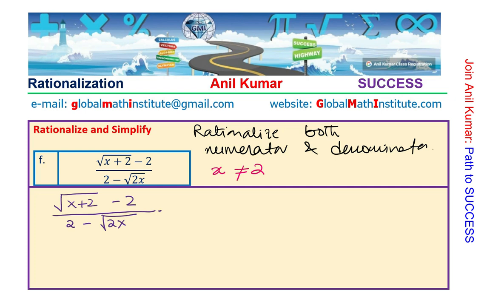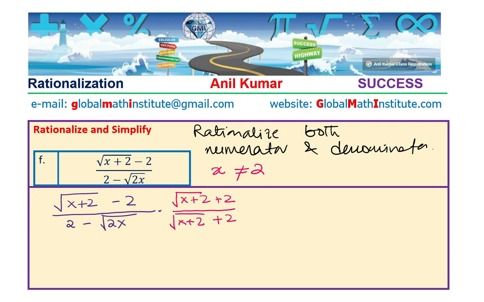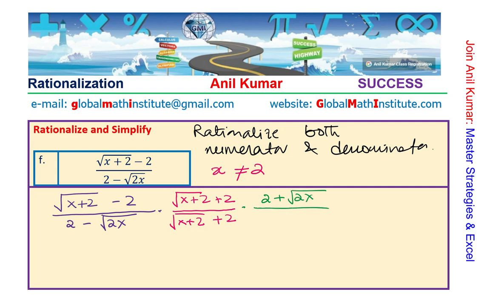When I want to rationalize the numerator, I'll multiply and divide by the conjugate of the numerator, which is square root of x plus 2, plus 2. And also, I'm going to multiply by the conjugate of the denominator, which is 2 plus square root of 2x. You get the whole idea, right?